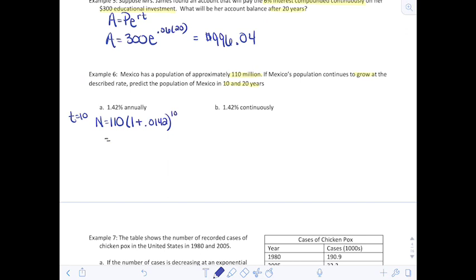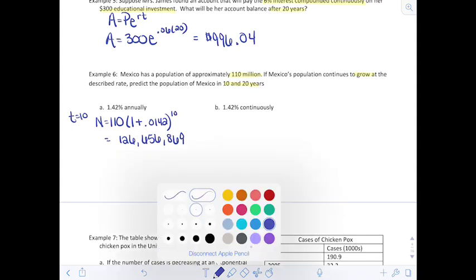So that amount should be 126,656,869. Now keep in mind, when you do this in your calculator, you're going to see a decimal after 126, but that is in millions. So the rest of those numbers after the decimal place are all going to come into play here as we move that decimal point 6 places to the right.